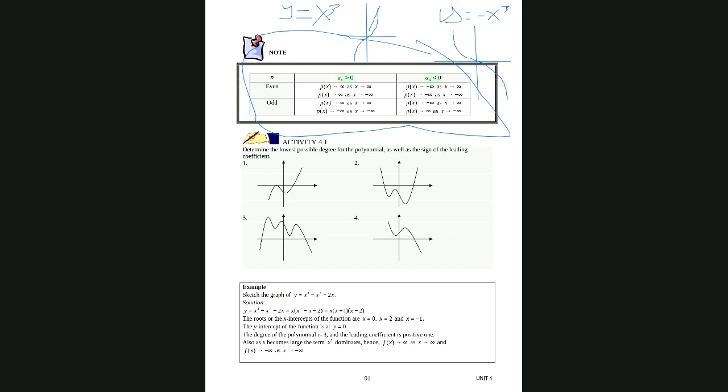Now, the next one says to determine the lowest possible degree of the polynomial as well as the sign of the leading coefficient. Okay, so number one, who can tell me what can be the lowest degree? Remember, it has got two vectors.